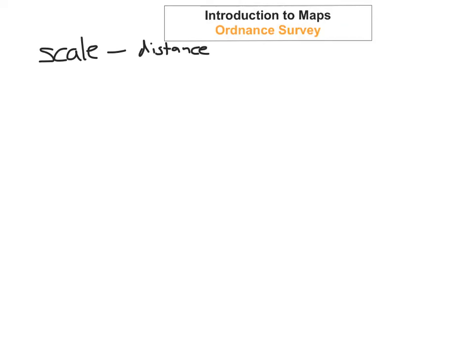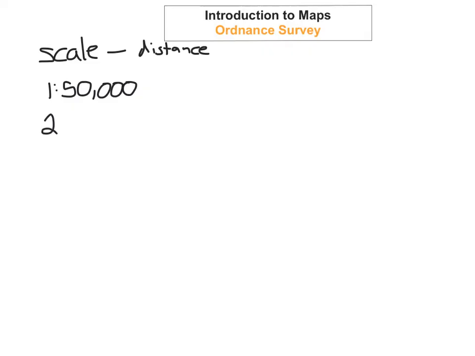In most maps, a typical Ordnance Survey map, the scale might be 1:50,000. Okay, might be one that you might see quite a lot. And what this means in reality is that every 2 centimetres on the map is equal to 1 kilometre on the ground.